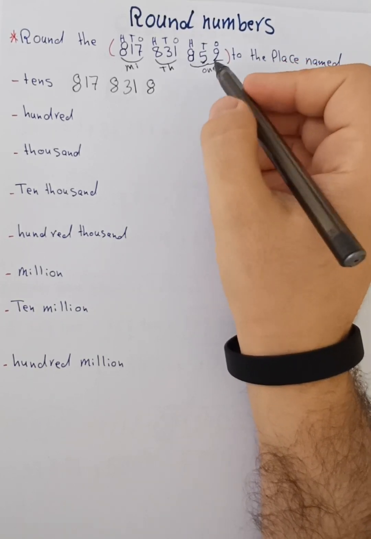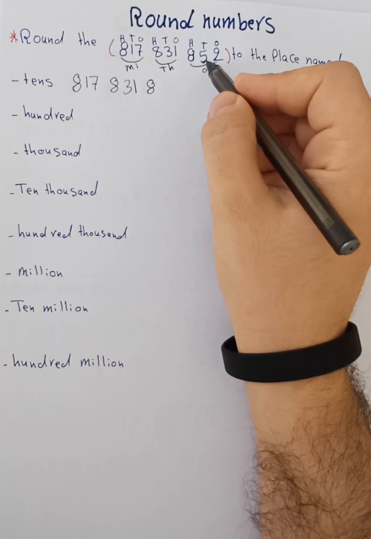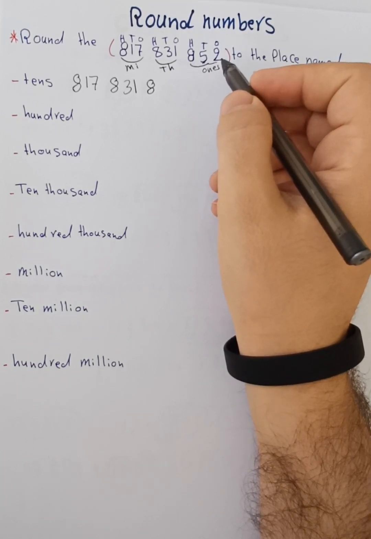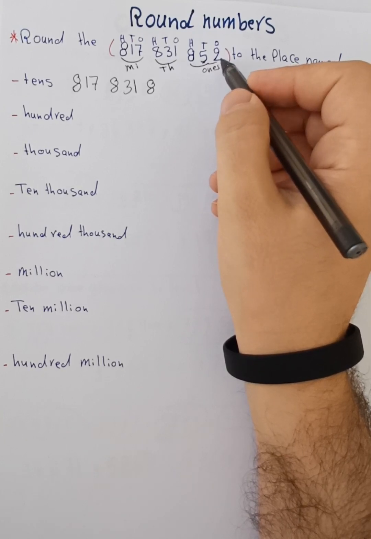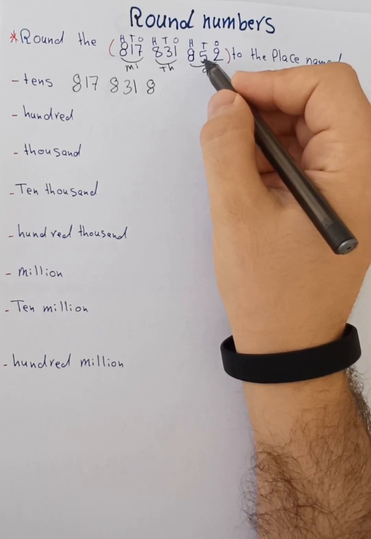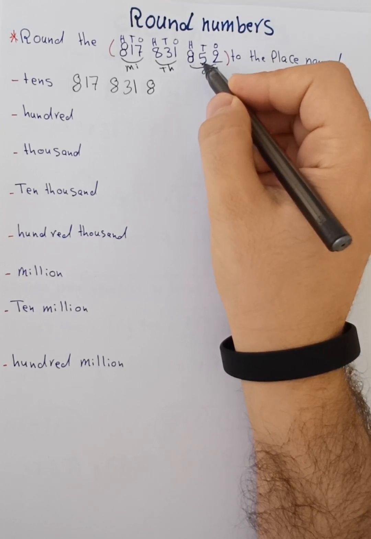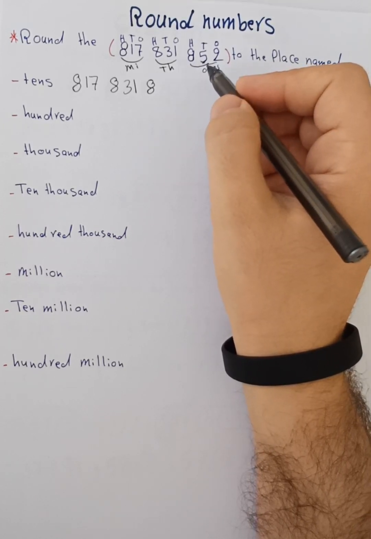By the rounding rule, if the digit after 5 is less than 5, the digit in the rounding place stays the same without change.